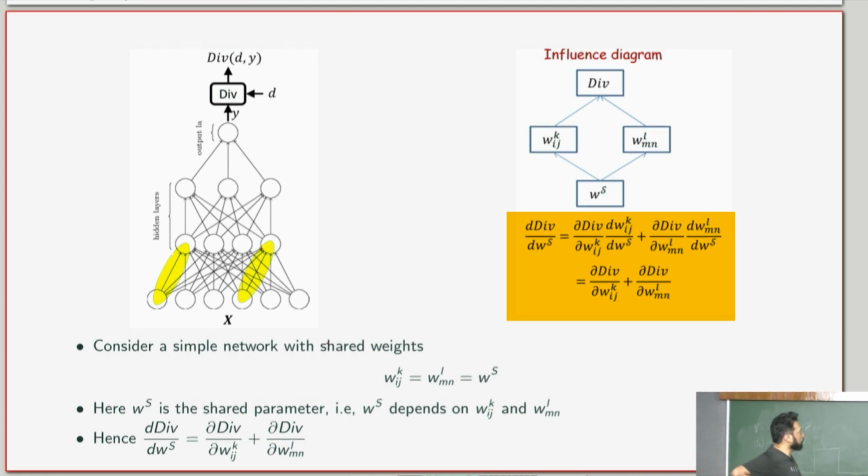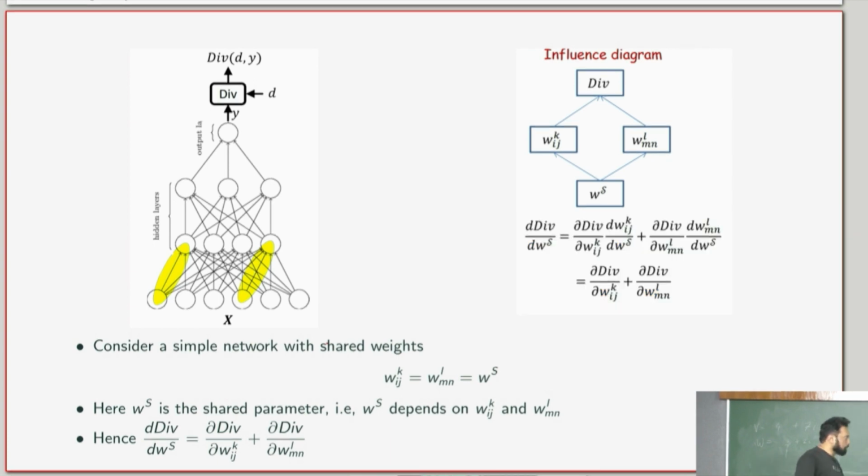So we take the derivative with respect to Wij along this branch, where I have WS here, and then the derivative along the other branch with WMN and WS. But we know that Wij and WS were the same, so that derivative becomes 1, obviously. So eventually everything boils down to just the sum of these.